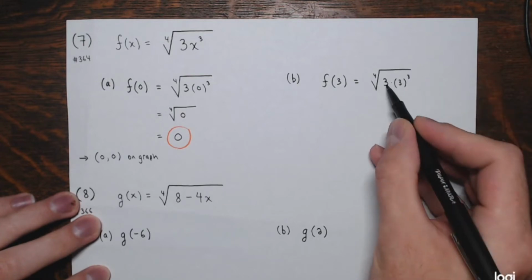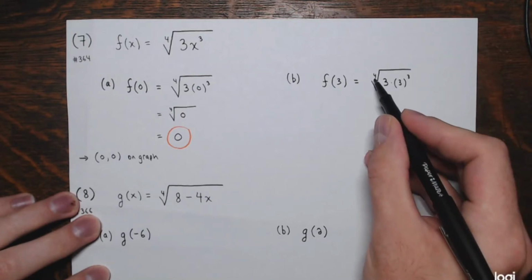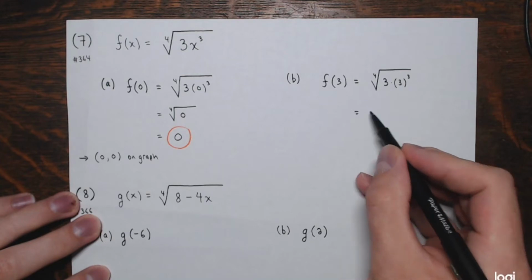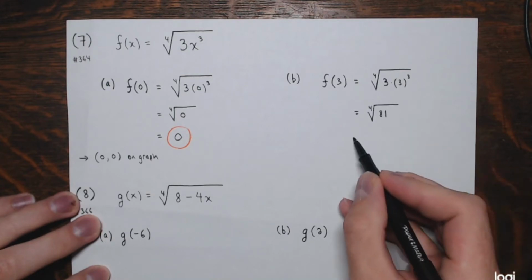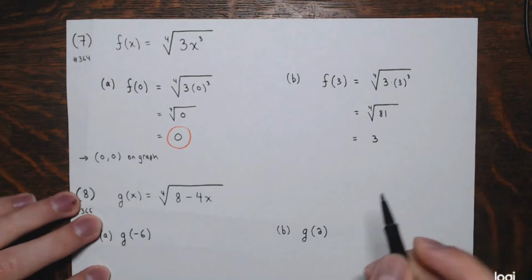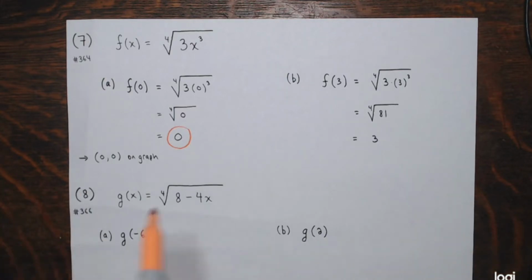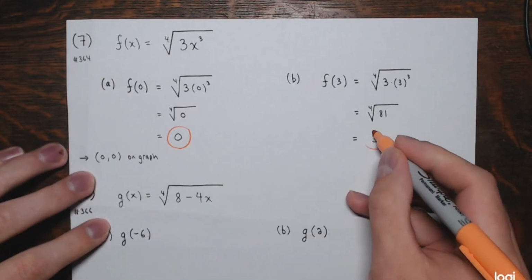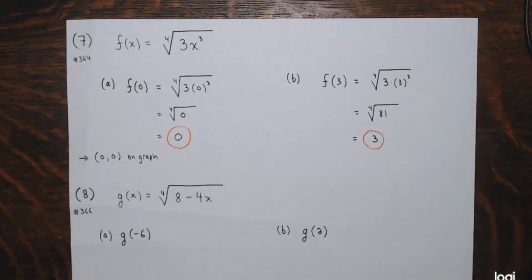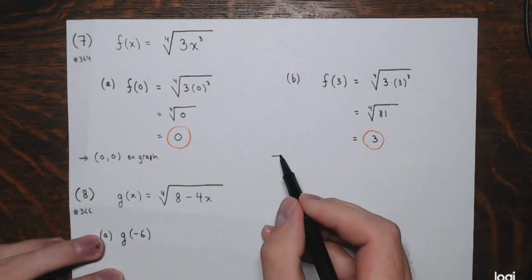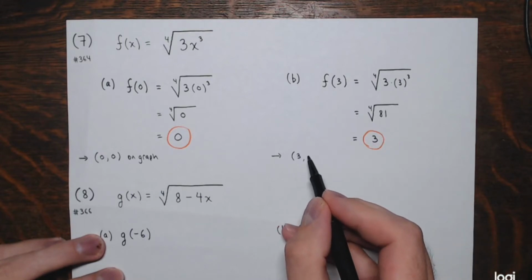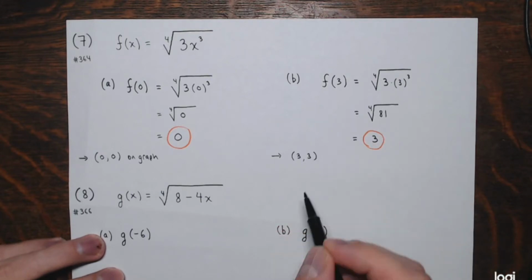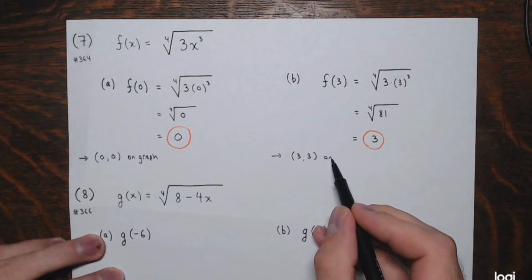Well, this would just be 3 to the fourth. And the fourth root of 3 to the fourth, which is the fourth root of 81, would just be 3. 3 to the fourth power is 81. And so this tells us that input 3, output 3, the ordered pair 3, comma 3, would be on the graph of this function.